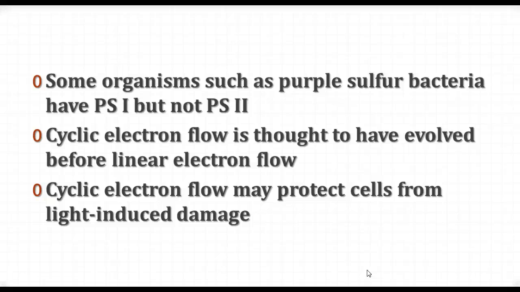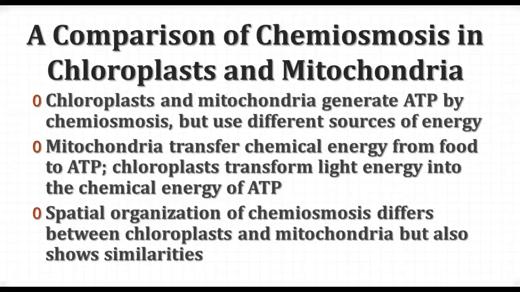Because remember the P700, which is the reaction center in photosystem 1, the 700 wavelength is less energetic than the 680 nanometers needed by photosystem 2. And so you can see how using just that one photosystem would reduce the possibility of damage from the excessive energy that photosystem 2 requires.